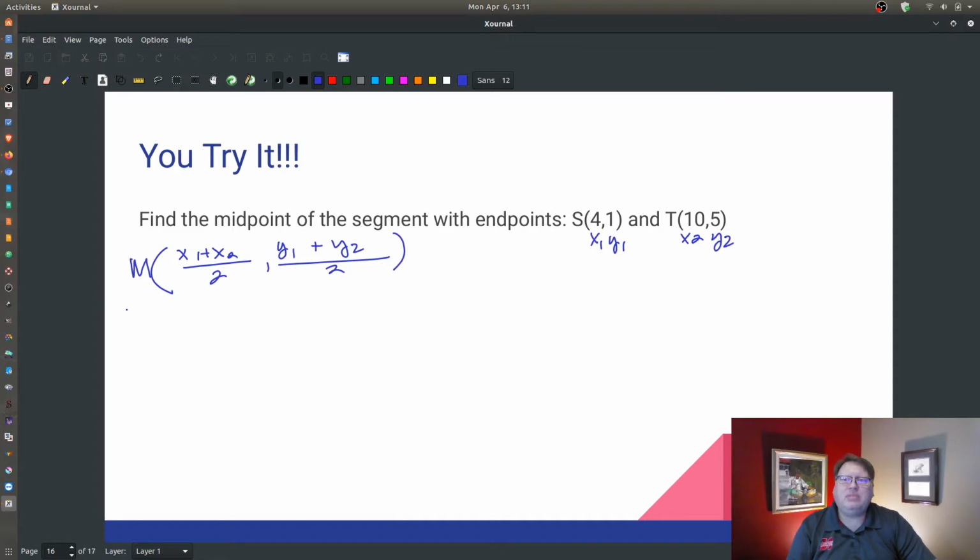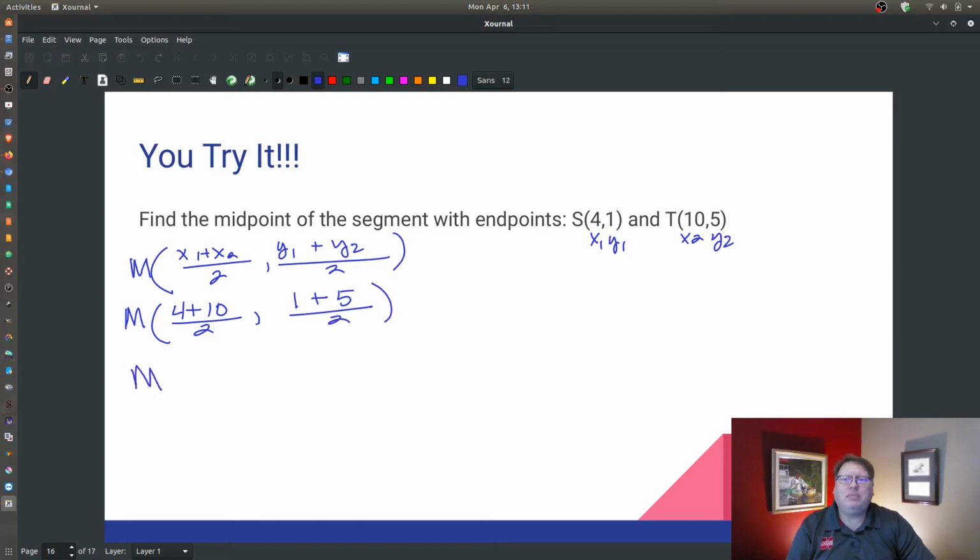And then we're simply going to substitute our coordinates. So x1 is 4 plus 10 divided by 2. And y sub 1 is 1 plus y sub 2 is 5 divided by 2.